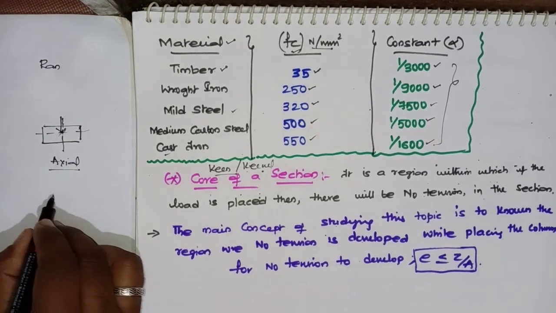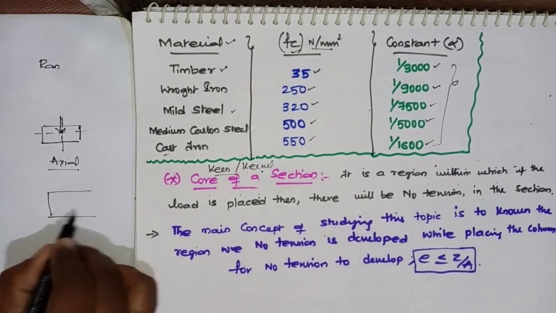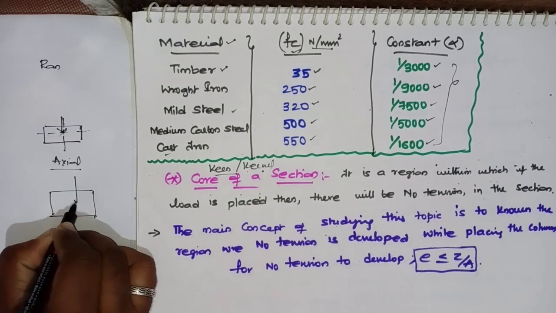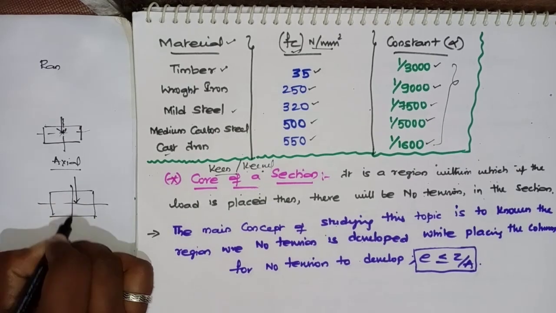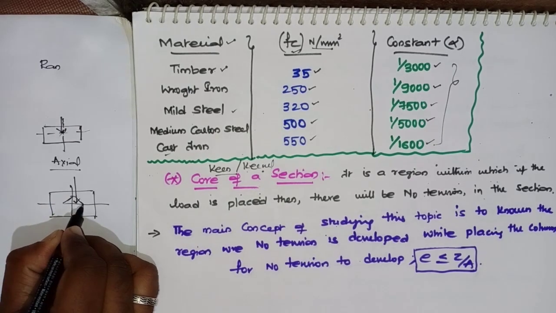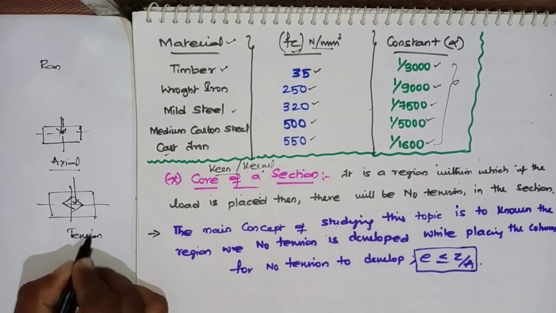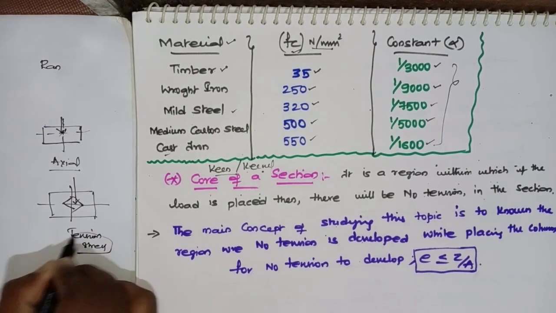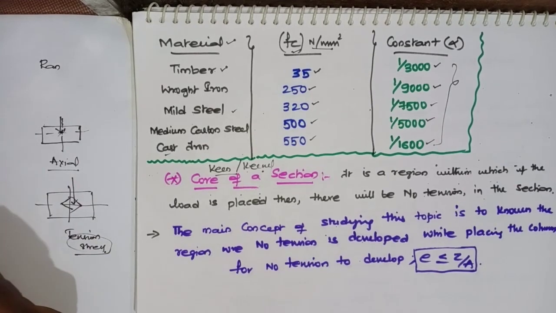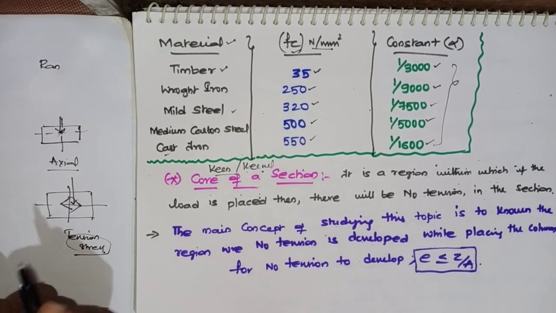Even if the column is getting eccentric loading, there should be a particular region which is free from development of tensile stresses. You have to calculate that section where no tensile stresses develop and the column is free to accept the load without failing.